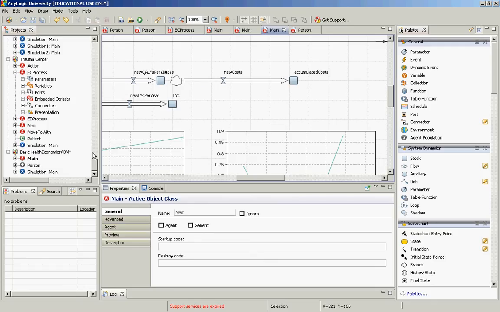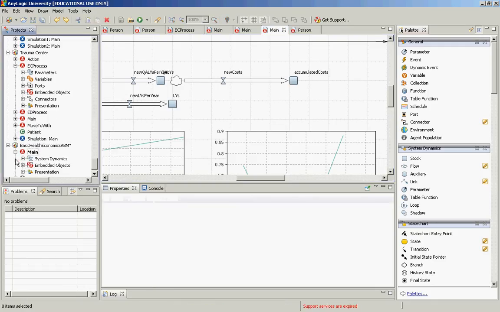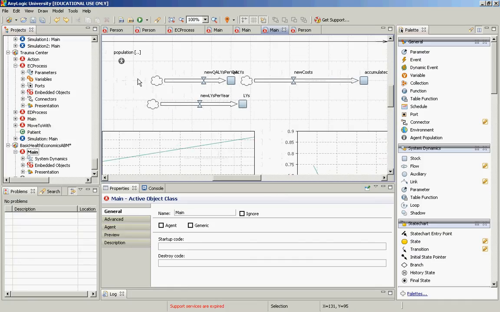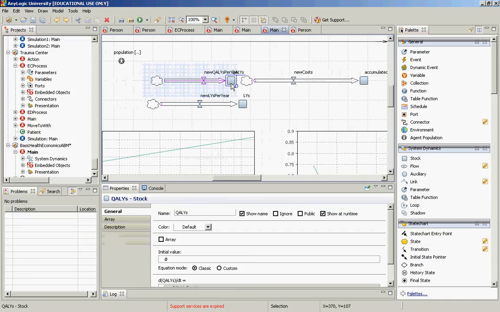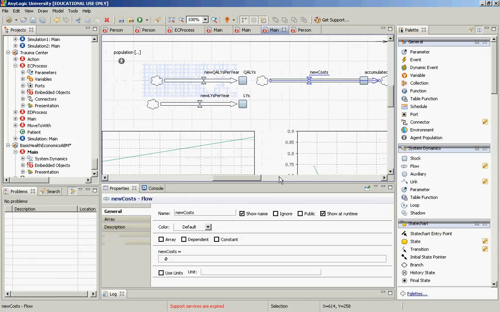We could try to futz with it here, but I see it's going to drag this whole thing. Drag this guy over. Well, that was more successful.